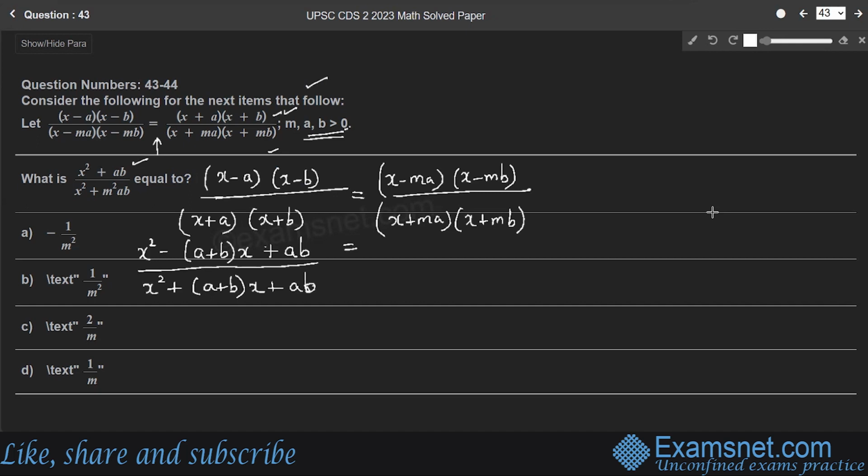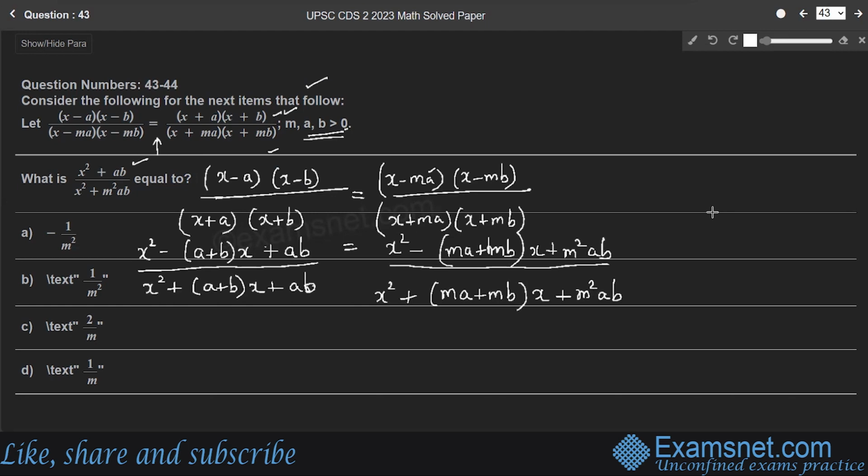This is equal to the right hand side part: x square minus ma plus mb into x plus m square ab, since the product of ma and mb is m square ab, divided by the denominator, x square plus ma plus mb into x plus m square ab.